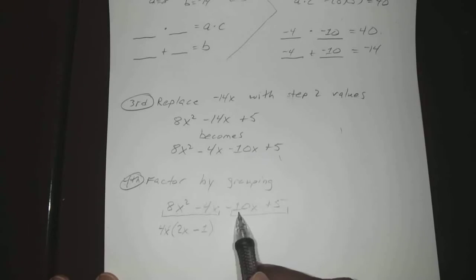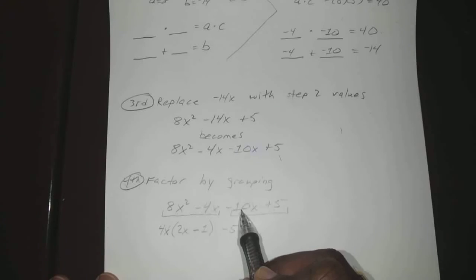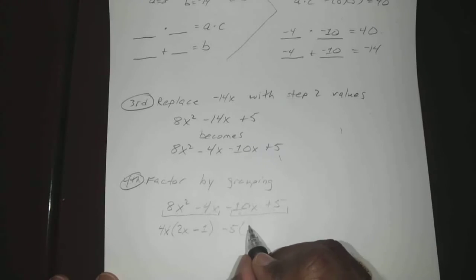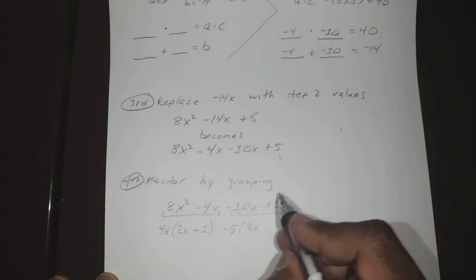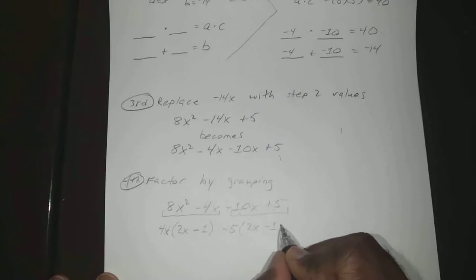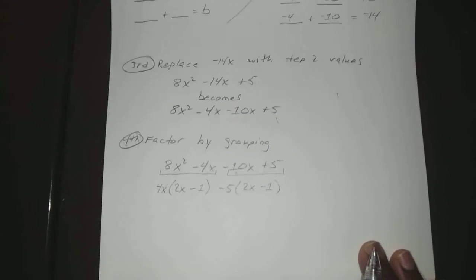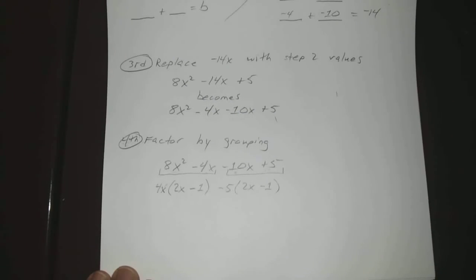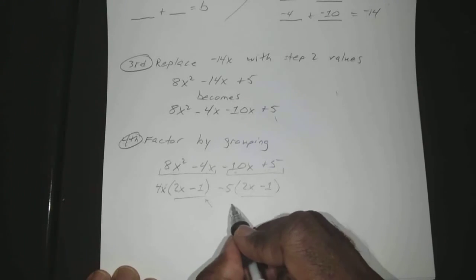Here, you can factor out a negative 5 from both of those. Because this is a plus, we need that to be a minus to match it. So if we factor out a negative 5, that will leave us with negative 5 times 2x will give us 10x. And negative 5 times negative 1 will give us positive 5. Okay, let me move that up just a little bit more. There we go. Okay. So we have what we need, our matching binomials.